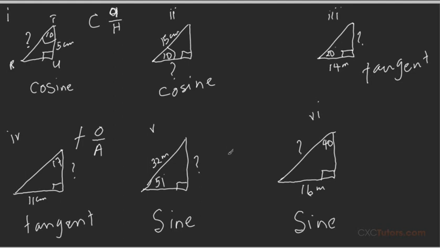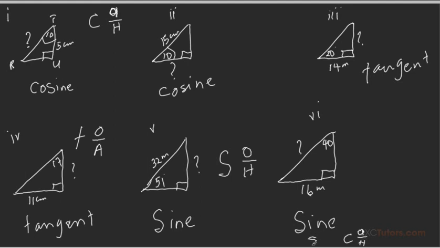So remember what the sine ratio states. Sine ratio is equal to the opposite side to the angle over the hypotenuse. And that is why we say CXCtutors. So we have the little mnemonic that we use to remind ourselves of what the trig ratios are. So C is for cosine is equal to adjacent over hypotenuse.